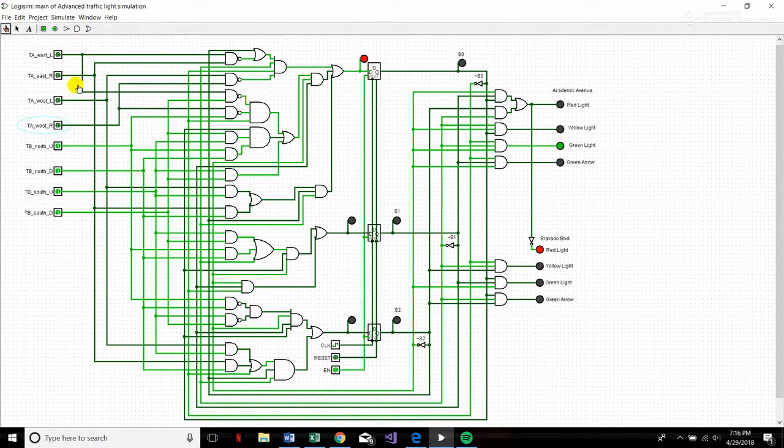So when this condition fails, it will go on to the next state, which is a yellow light.